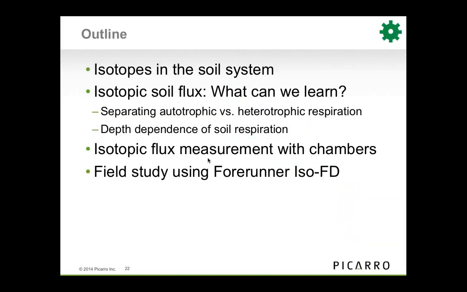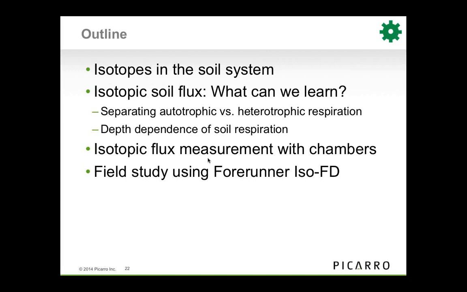Now I'm just going to talk a bit about a few studies that we've done here in Nova Scotia, looking at isotopes and how they can help us understand soil flux. I'm going to give you a brief overview, taking from what Nabil had said in the beginning. Then I'm going to look at two different studies we've done here, mostly looking at separating autotrophic and heterotrophic respiration.